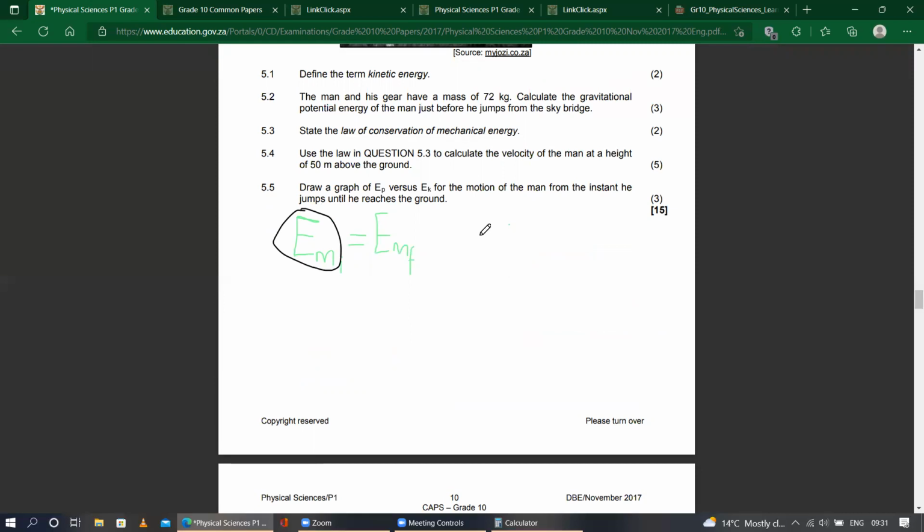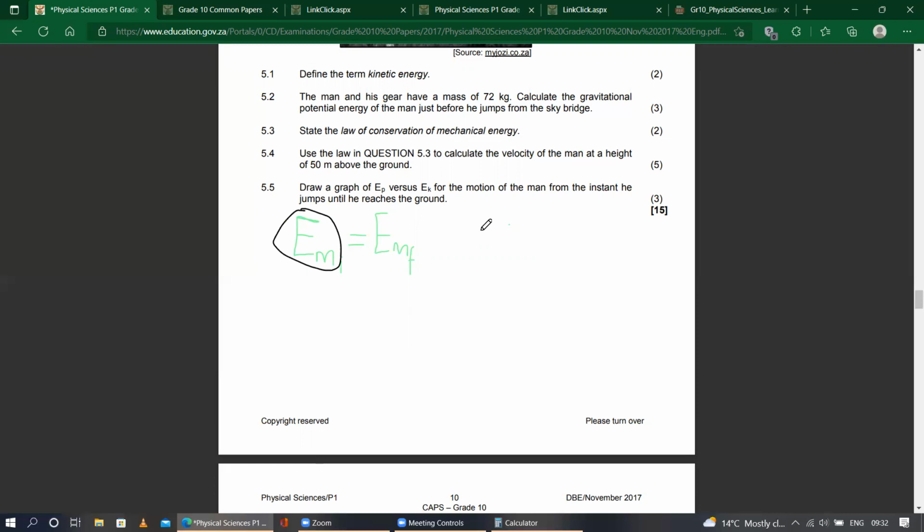The gravitational acceleration also stays the same, so there's no need to write it down. But what we know is that our height and velocity do change.